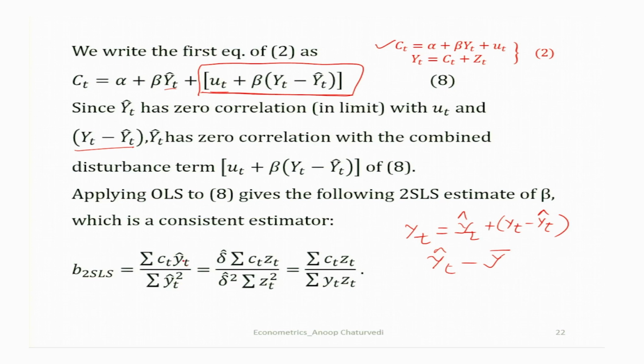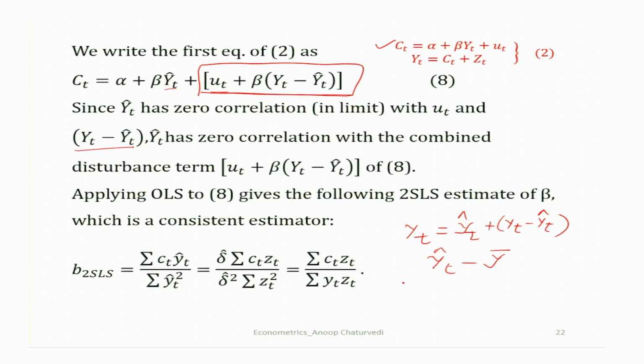Y t hat is equal to delta hat z t. So, you get delta hat summation C t z t divided by delta hat square summation z t square, and then we get summation C t z t in the numerator.